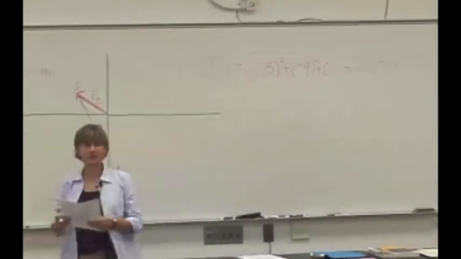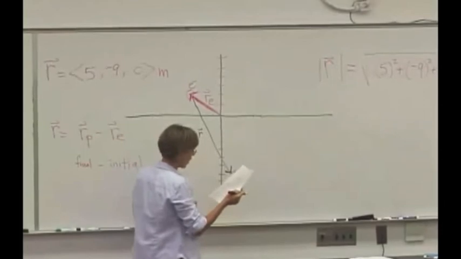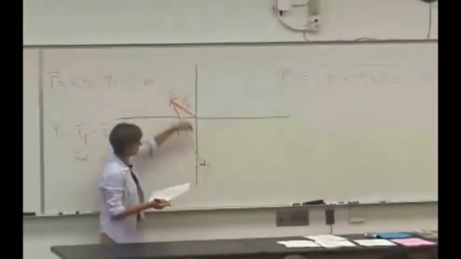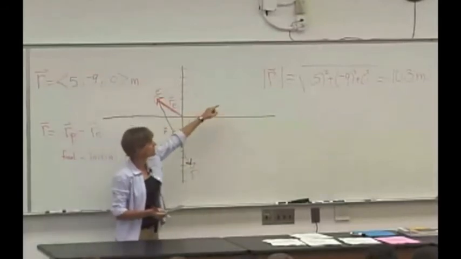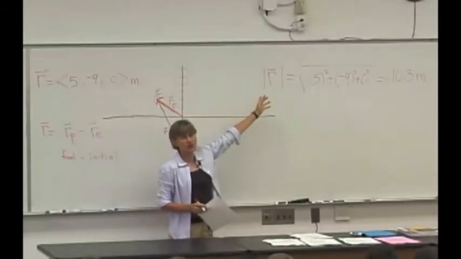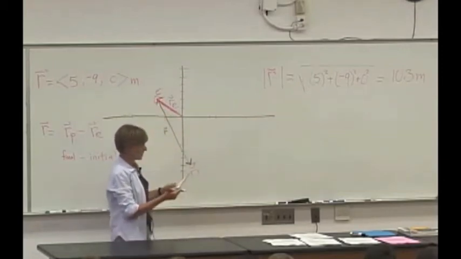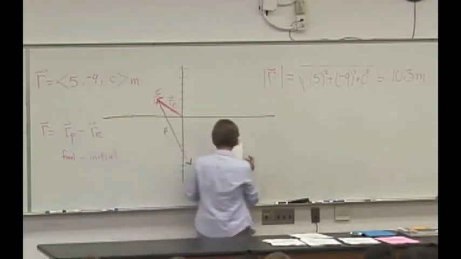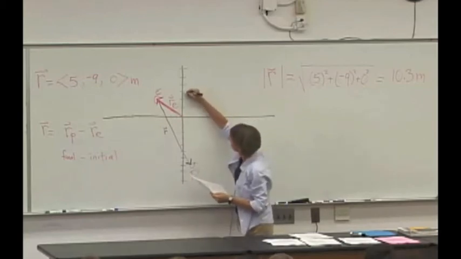What is the unit vector r hat pointing in the direction of r? Well, it's a vector pointing in the same direction as r, but it only has magnitude 1. In this case, the magnitude of r is a little more than 10 meters, so this thing is going to be kind of short, isn't it? But it'll be parallel to r, and it's said to draw it at 0, 3, 0.